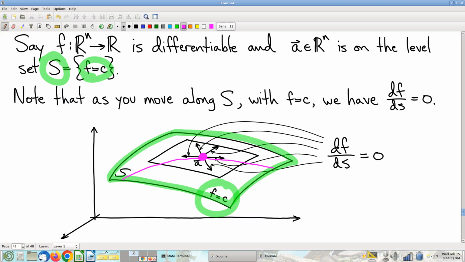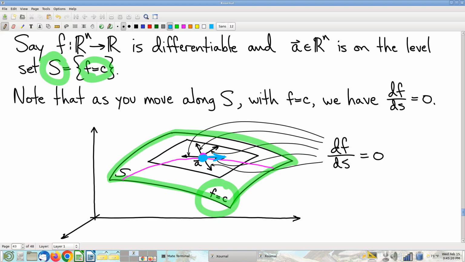Well, it's on the surface, and so c. At every point on this whole surface, the value of the function f is always c. So I can ask the related question: at the moment the ant is at that point, he's moving with that velocity, whatever that direction tangent vector is.